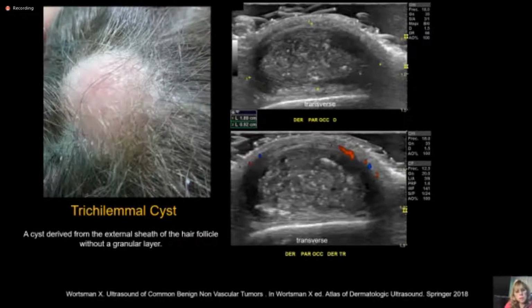On ultrasound, most of these lesions present a similar appearance to an epidermal cyst, but the location is different, and most of these lesions are located in the scalp, as you see here in the clinical case. Notice that in this case the lesion is hypoechoic, oval-shaped, and presents echoes inside with posterior acoustic enhancement and some hypervascularity in the periphery due to the inflammation.